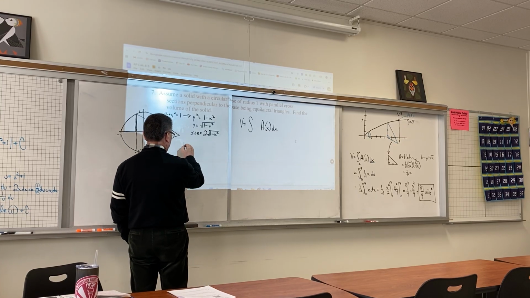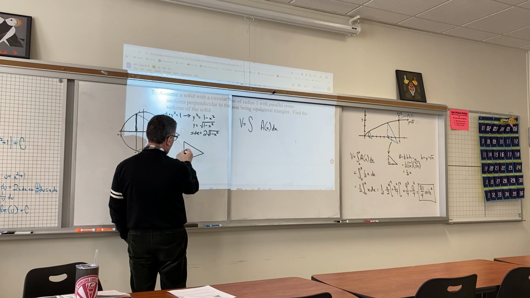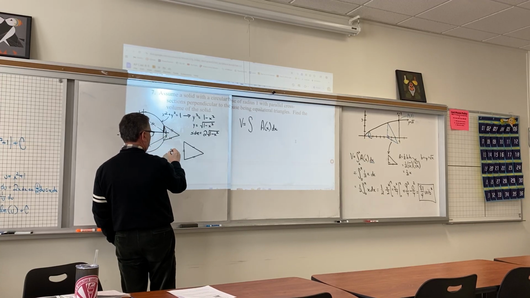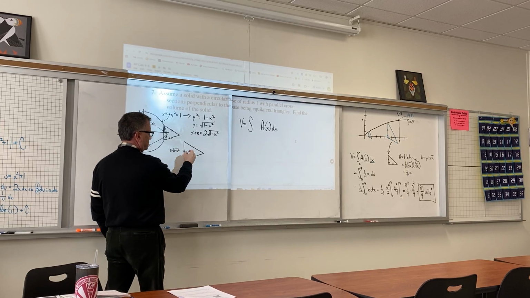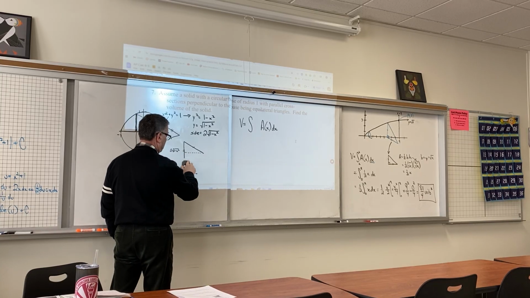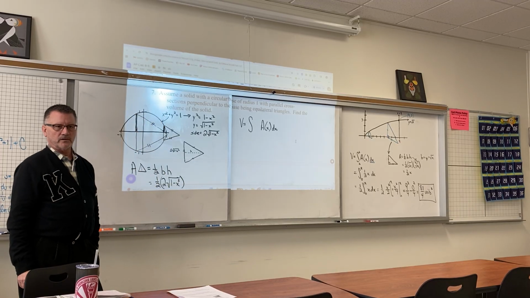Sorry. More equilateral. Yeah, it's going to be equilateral. Okay, so we know this is in here on the graph: 2 square root of 1 minus x squared. But we want the height. Yours doesn't have to be perfect. That's the height. One of the sides is not the height.